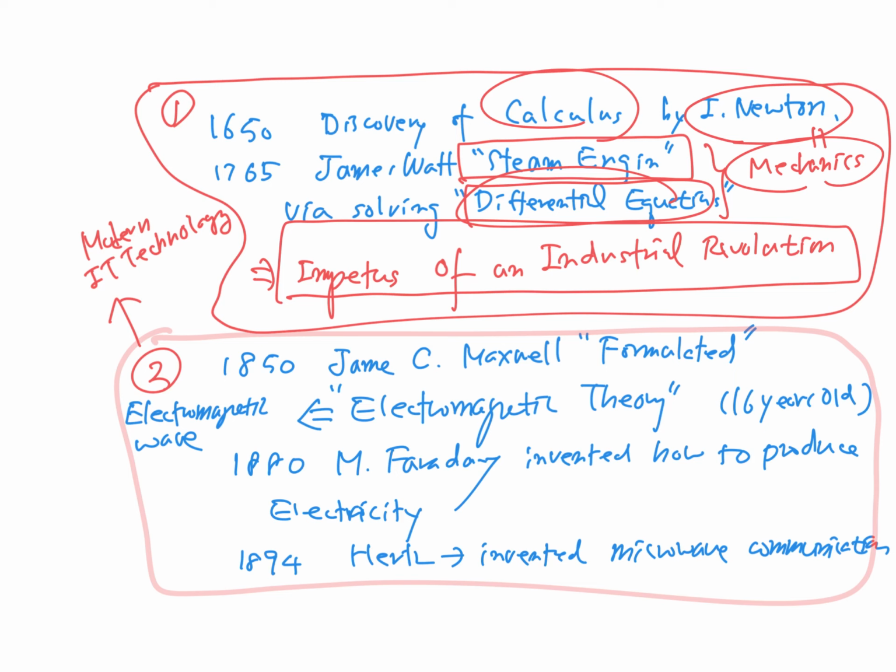And there is an old saying that history repeats itself. So next phase might be 1925 quantum mechanics. Was discovered by Bohr, Dirac, Heisenberg.